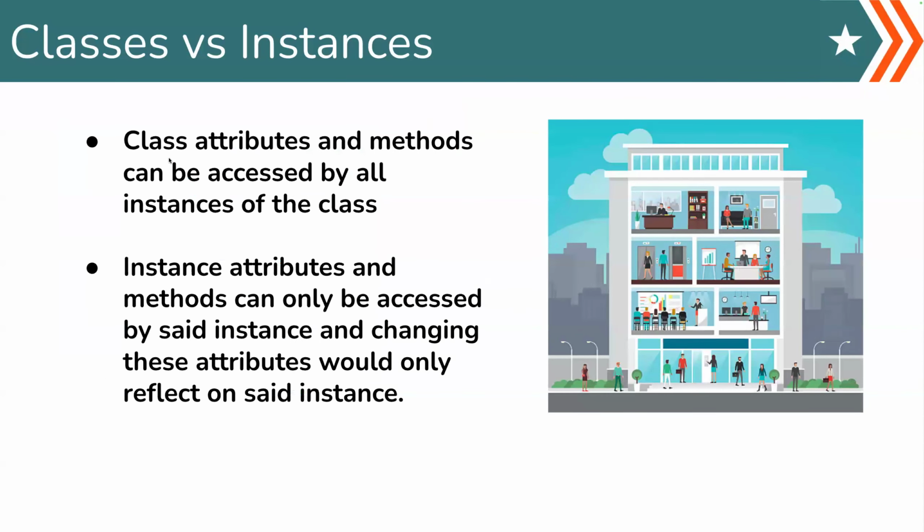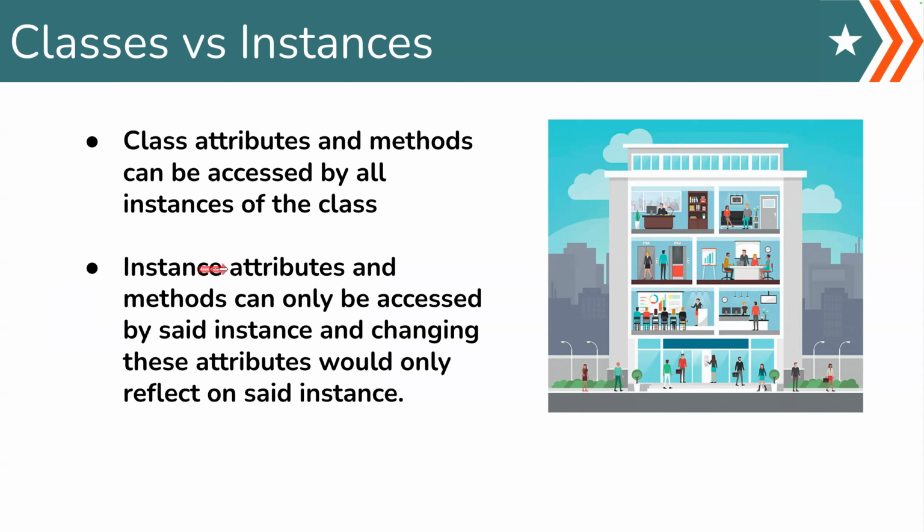We're going to be looking at class attributes and class methods, which can be used by all instances of the class and can be used to share information. The same way that, in an apartment building, everyone can go down to the common room.